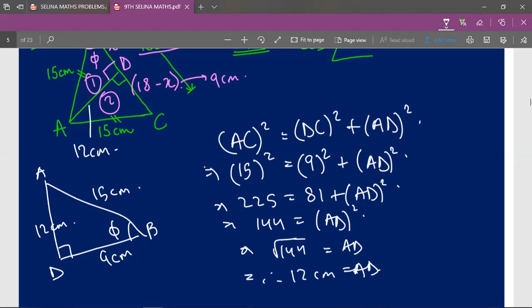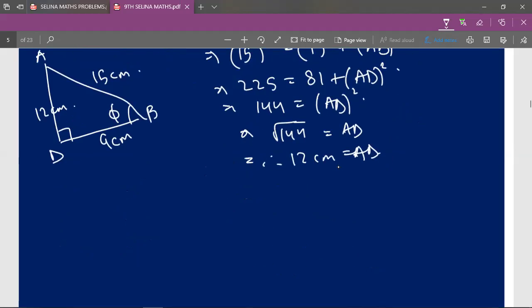So what cos phi means is, with respect to this angle, and it should be to the ground. Yes, it is to the ground. So with respect to angle phi, cos phi is base upon hypotenuse. And our base in triangle ADB is 9 upon hypotenuse, that is 15. Both of these numerator and denominator are divisible by 3.